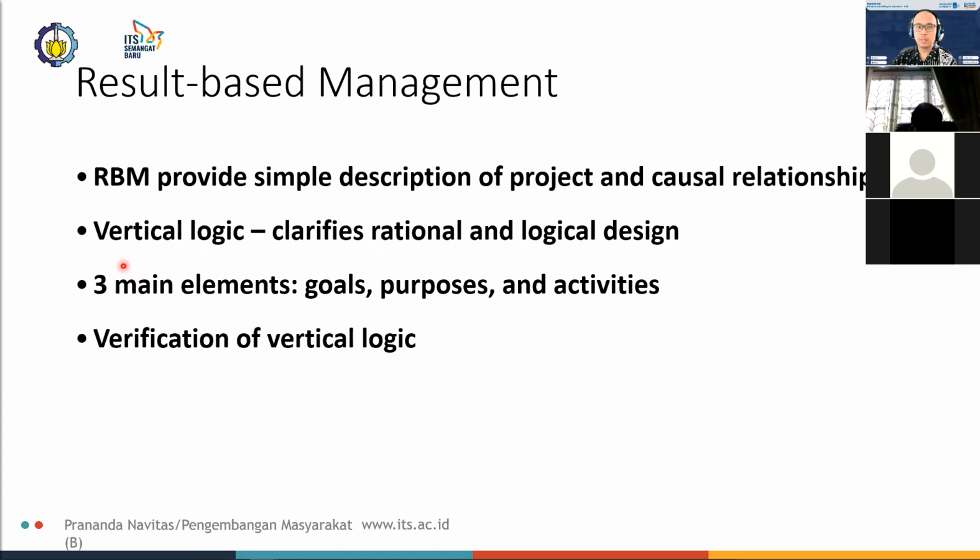There are vertical elements and there are something called horizontal elements. More on that a little later. Both RBM and LFA have vertical elements and horizontal elements. So they're basically like matrices if you put them together.